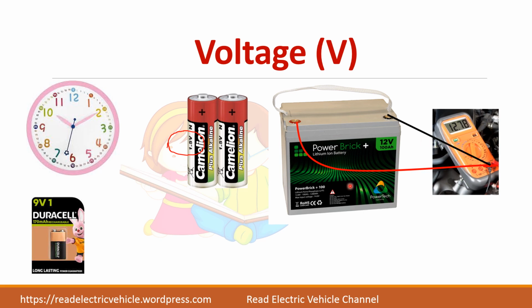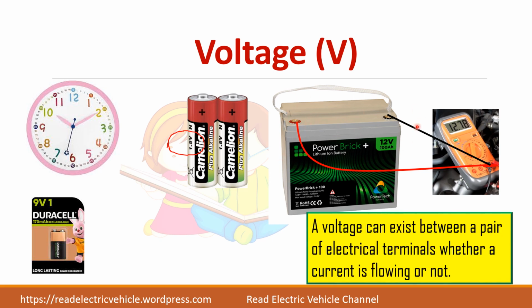One thing you can note here is, even though these batteries are not connected to any circuit, they will give you a voltage. For current, only when there is a closed path can current flow, but voltage will exist even in open condition. So if the battery is not connected to anything, you will still get the voltage.